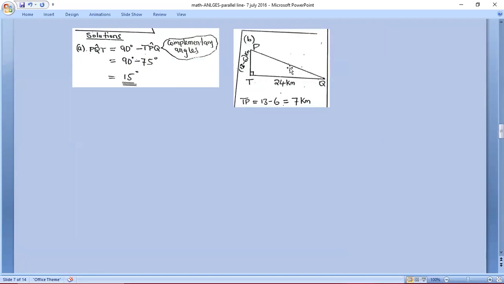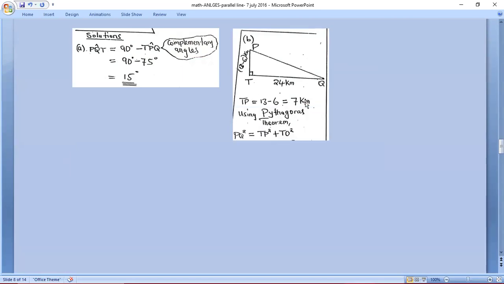Okay, so we've redrawn it. So TP is the same as 13 minus 6 in distance, which is 7. And then your TQ is 24. It's already known. Okay, so TP, 13 minus 6, is equal to 7 kilometers. Then using Pythagoras theorem, we know that the distance PQ squared will be equal to TP squared plus TQ squared.